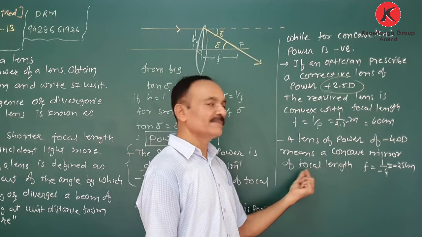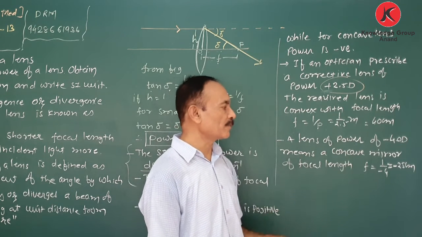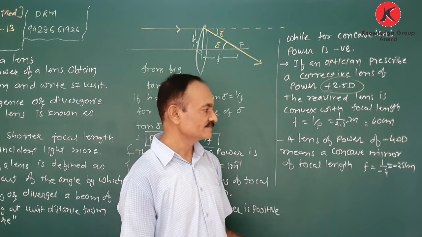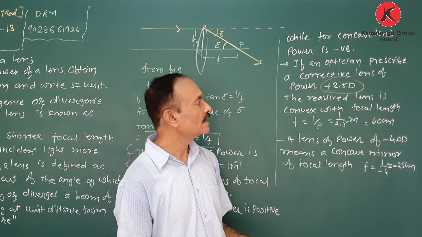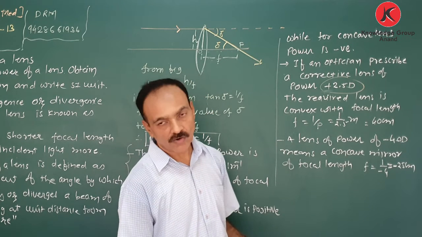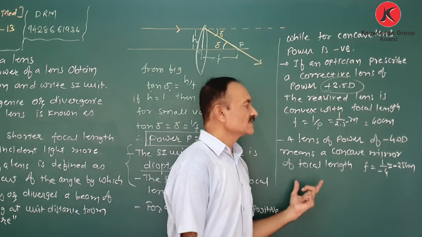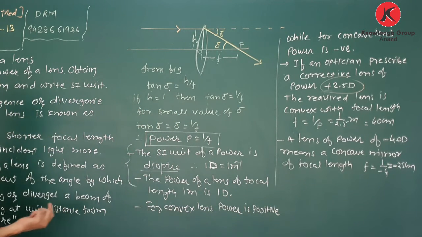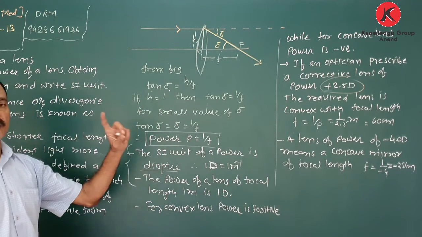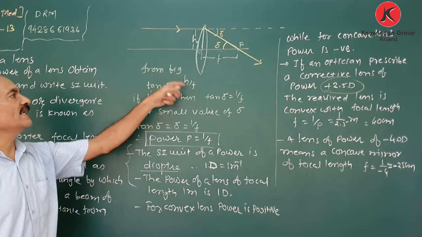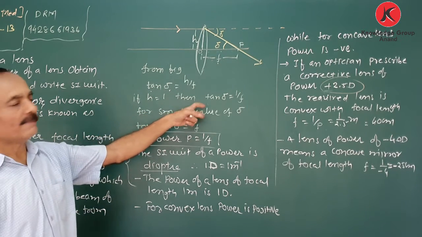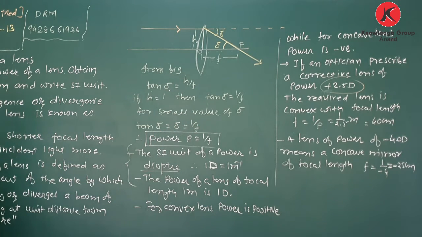That means a concave lens of focal length 1/4 m, that is 25 centimeters. So that is the meaning of power. What is the SI unit, and what is the equation? The equation of power P is equal to 1 upon f, that is known as the power.